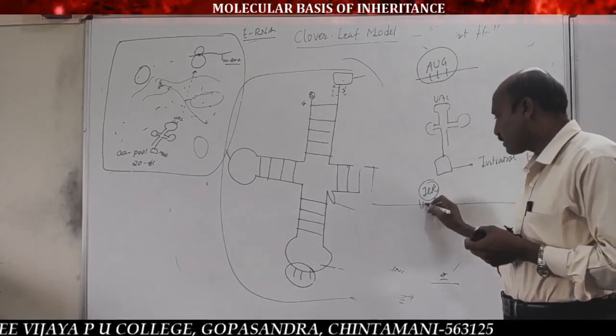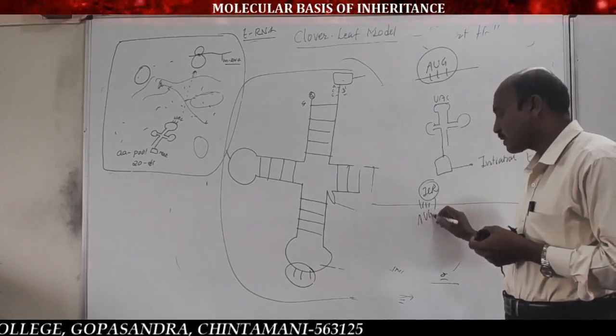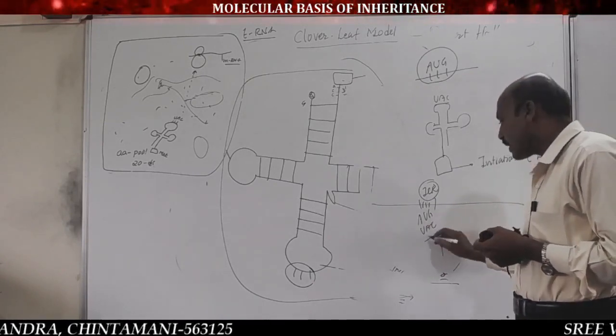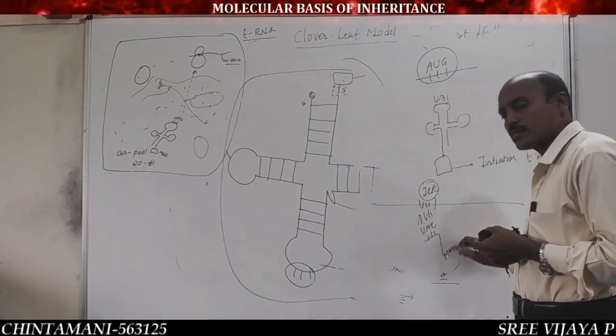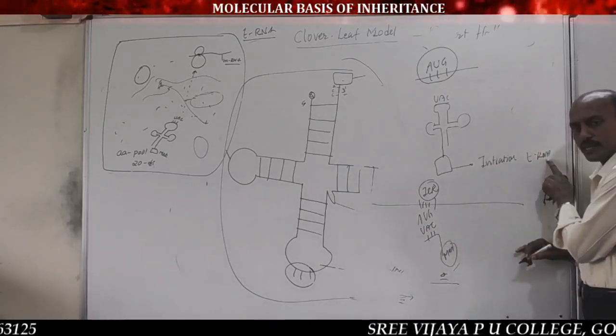So the initiator coding region of mRNA contains the AUG initiator codon, and the tRNA with the UAC anticodon carries the amino acid methionine. That's why this type of tRNA is called initiator tRNA.